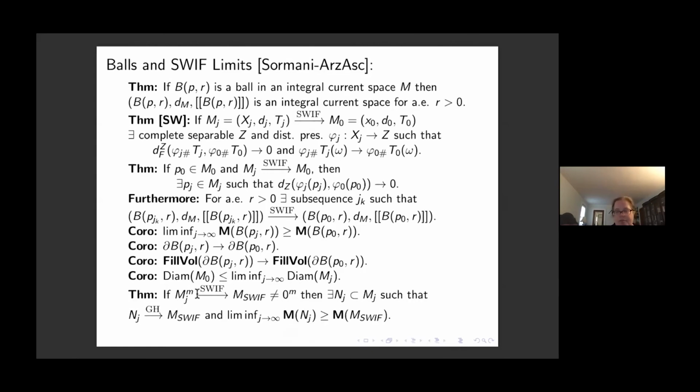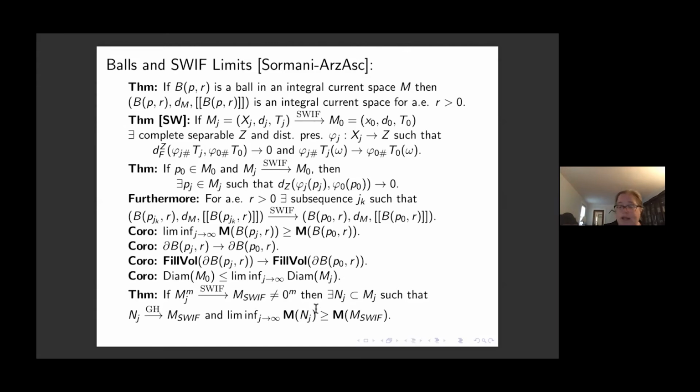And then we have a theorem that says if MJ Swift converges to M infinity, you can actually find domains NJ in MJ such that NJ's Gromov-Hausdorff converge. So think of this as we know that there exists a region where we've cut off the wells, and this region actually converges in the Swift sense to the limit. And in addition, the limit as j goes to infinity of the mass of the NJs is bigger than the mass of the Swift limit.